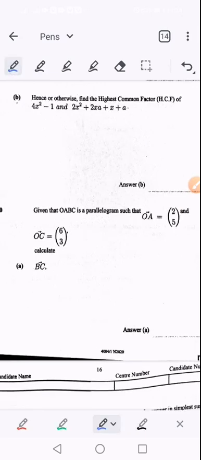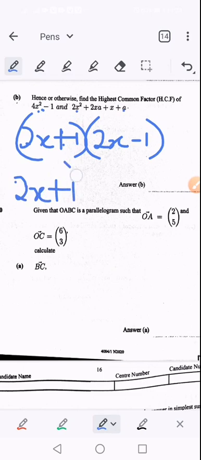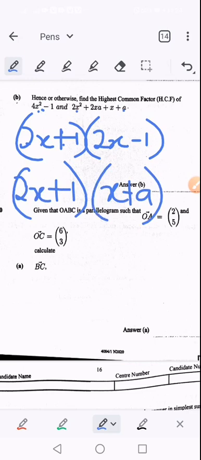We found 4x squared minus 1 is 2x plus 1 times 2x minus 1. Then we found 2x plus 1 times x plus a.